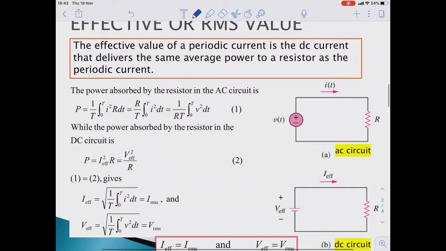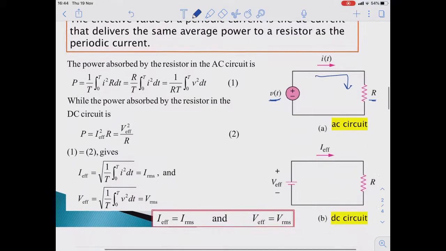So we have a periodic source v(t), and we have i(t) passing through this resistor. And we would like to have a DC source, which we call V effective.